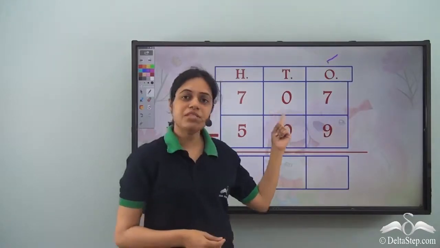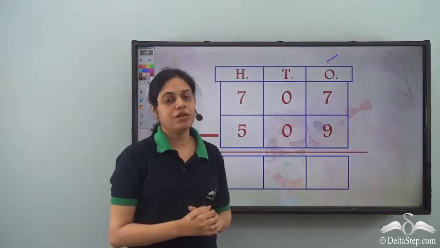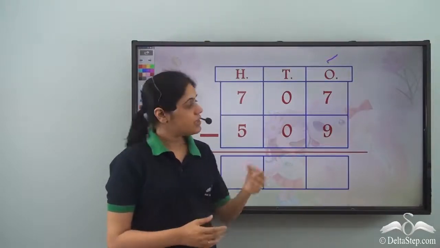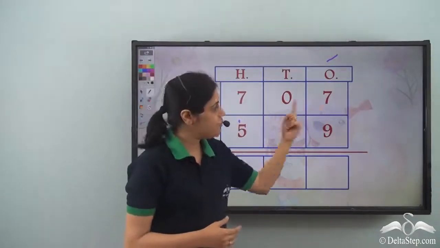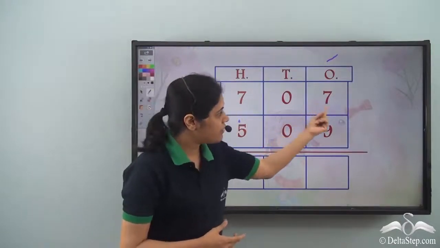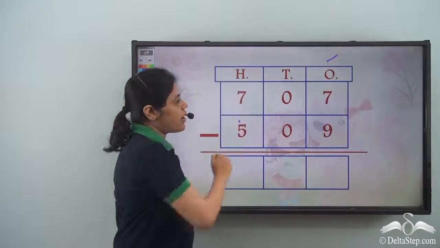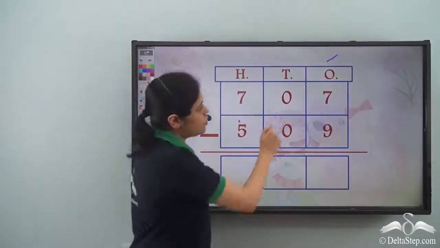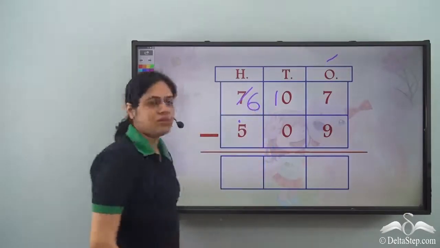But this number is 0. 0 does not have anything to give. But 0 is very kind. It will take from 7 and give to this 7. So it will take from the hundreds digit and give to the ones digit. So 0 will borrow 1 from this 7 to become 10, and this 7 will become 6.